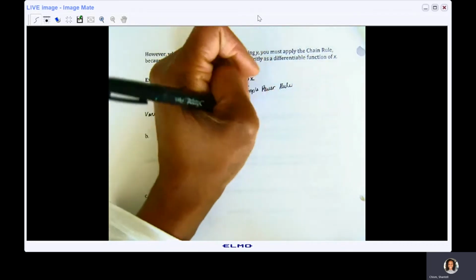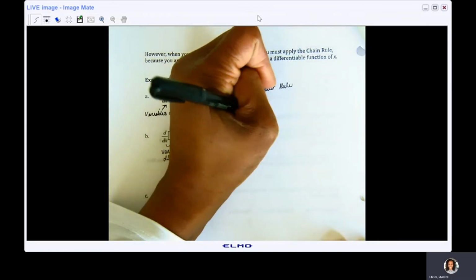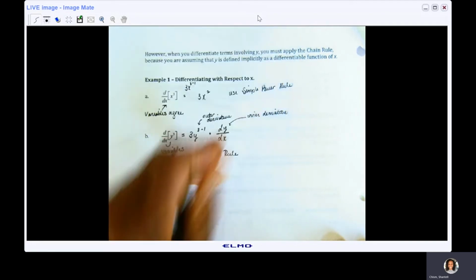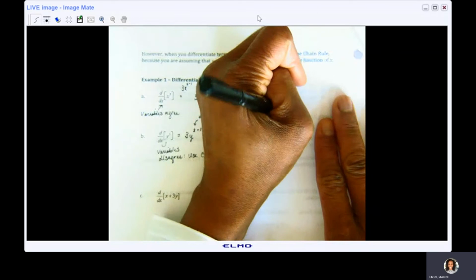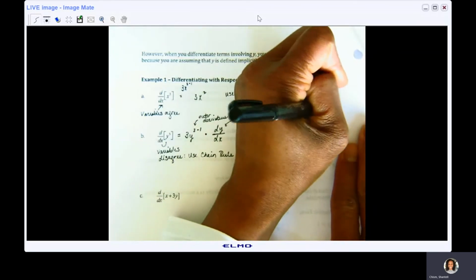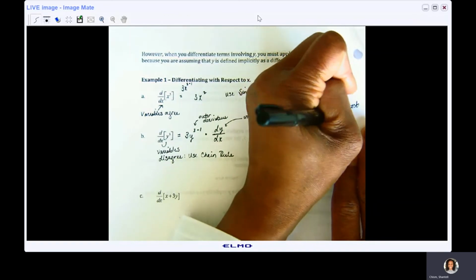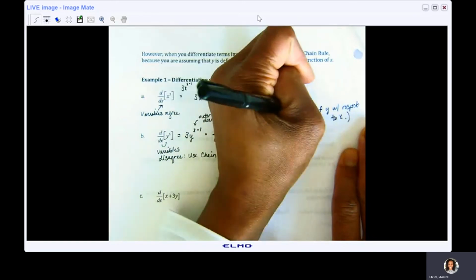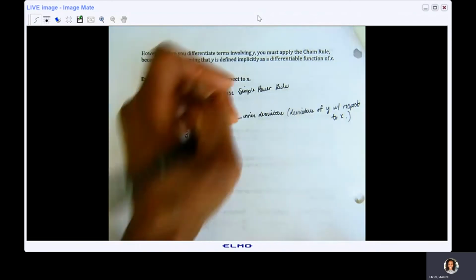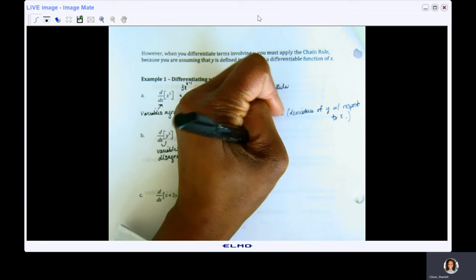This is the inner derivative. Okay? So your answer would be 3y squared dy dx.